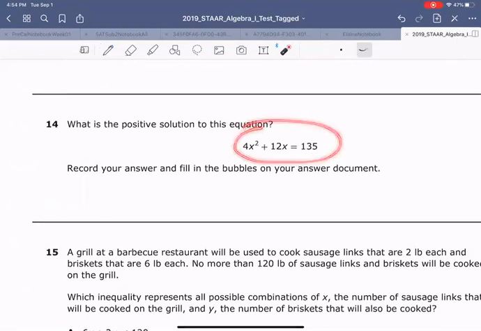Let's do this. This is time to check your factoring skill. Our old friend comes back, okay?